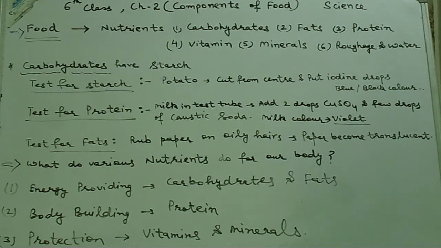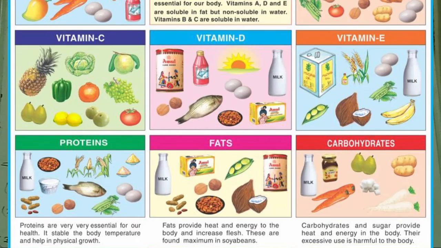Similarly, I am telling you about the bodybuilding material that we need. You got knowledge about the carbohydrate and fats. Now I am telling you about the food items that contain protein. Actually, most of the items that you studied in the fat category are also in the protein category.